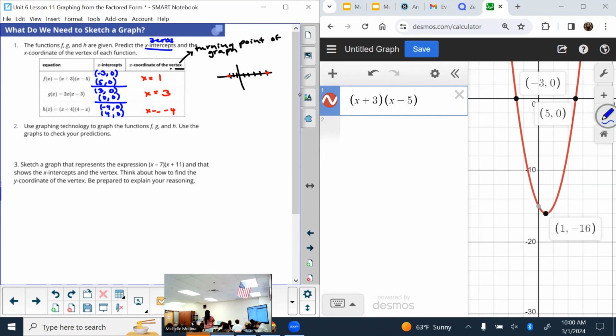If I go 4 from -3, I end up at 1. So 1, 2, 3, 4. If I go 4 from the 5 to the left, 1, 2, 3, 4, I end up at 1. That's why that is my x value of the vertex. The vertex will be in the middle of your zeros.